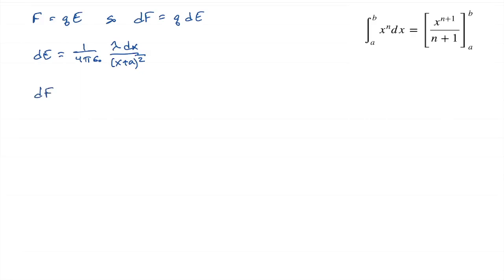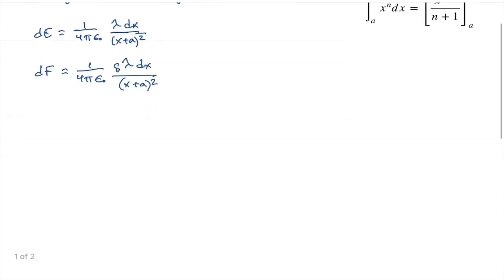So dF will be 1 over 4 pi epsilon 0 times q lambda dx over x plus a quantity squared. All right, and so since there's nothing in the vertical, this will be our force.